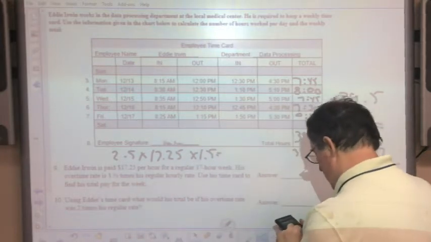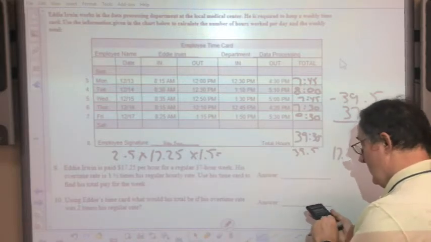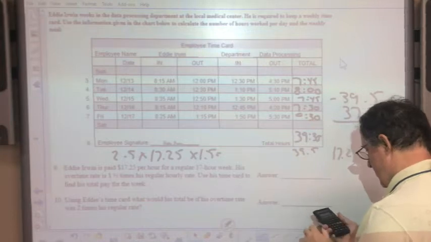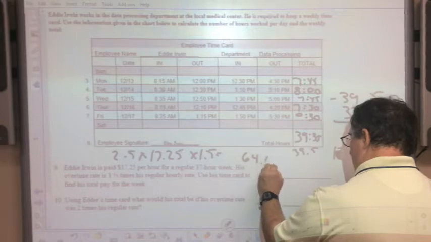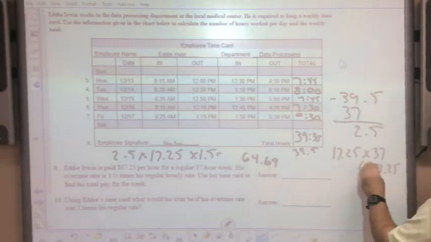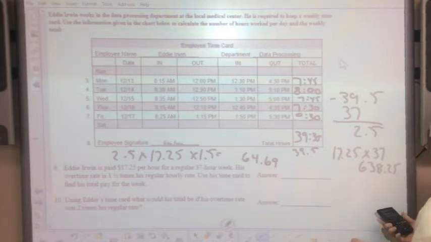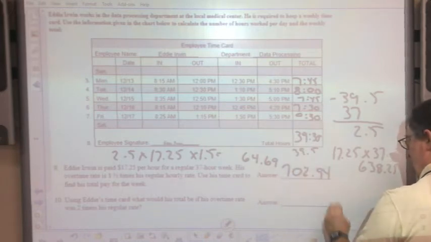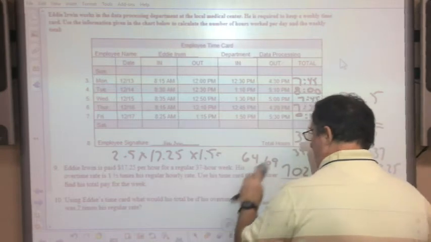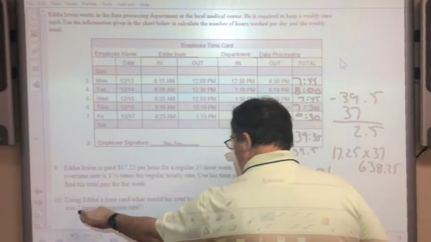The overtime was 2.5 hours times your overtime rate, $17.25. And on question number 9, it's time and a half. So you multiply those together and you come up with your overtime is $64.69. You're going to add that to the straight time pay, which you calculated, and you're going to come up with $702.94.